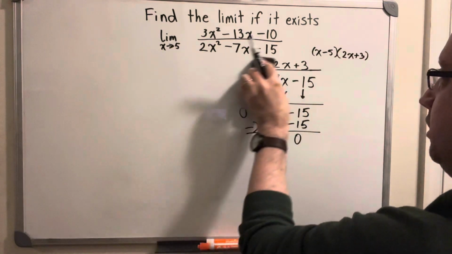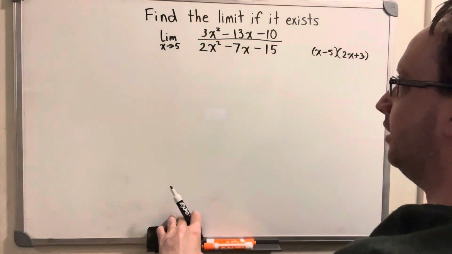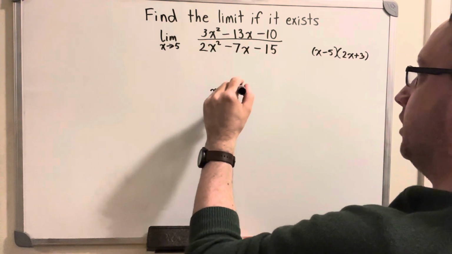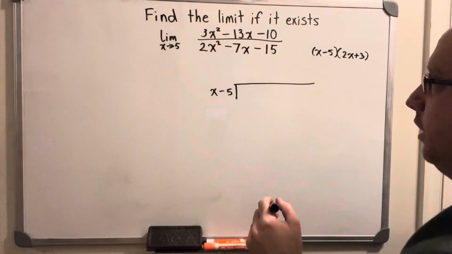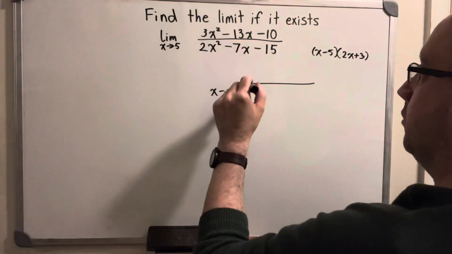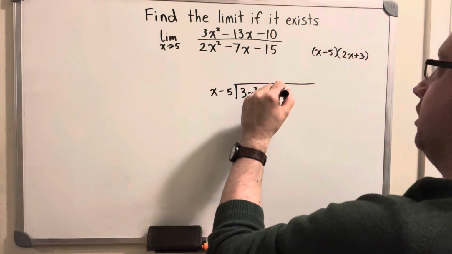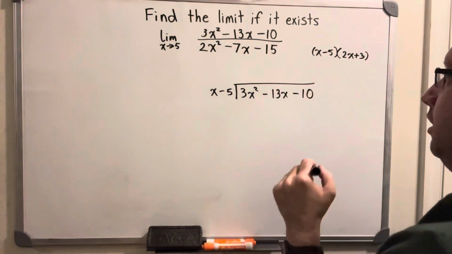Now, unfortunately, there's not already an x minus 5 for us in the numerator, so we also have to try to factor out an x minus 5 from 3x squared minus 13x minus 10.